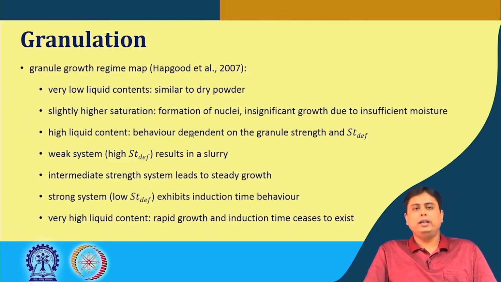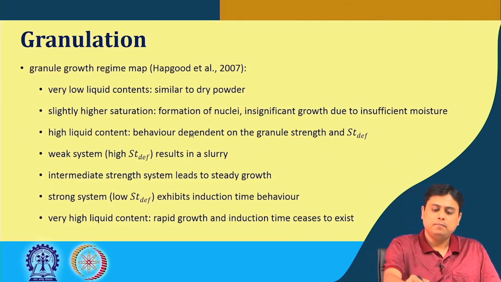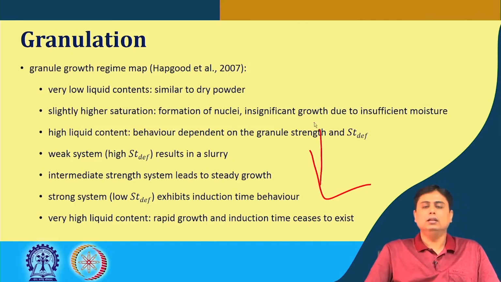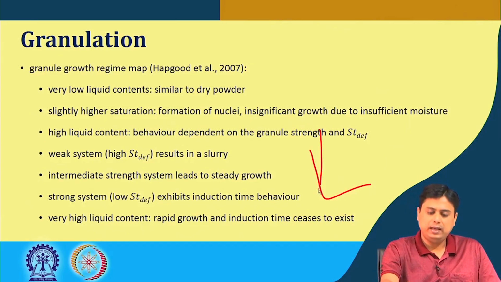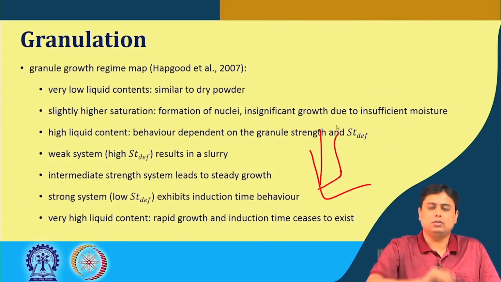If we further increase this liquid content to a very high level, say an extremely high liquid content, then rapid growth will be observed, and it has been seen that the induction time approaches 0, which means the graph would look like a very rapid increase in growth instead of having any induction time and then growth.